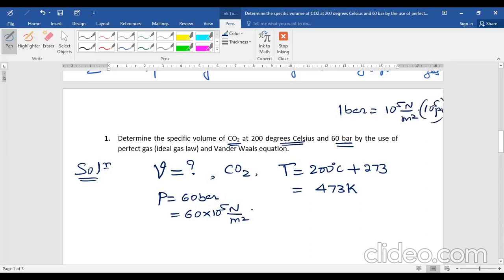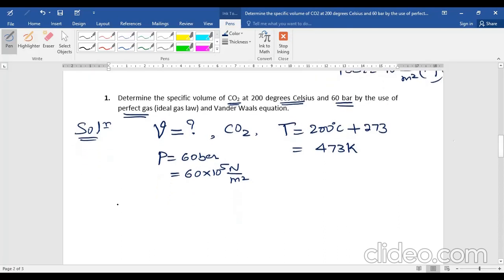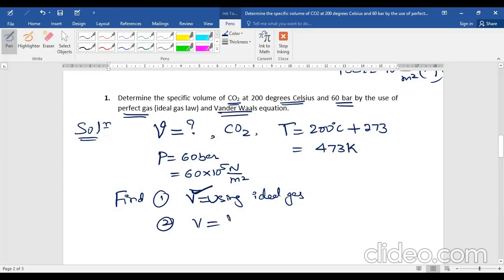Both are the same. First, I need to find the specific volume using the ideal gas equation. Second, you have to find the specific volume again using the Vander Waals equation of constants, which is for real gas.